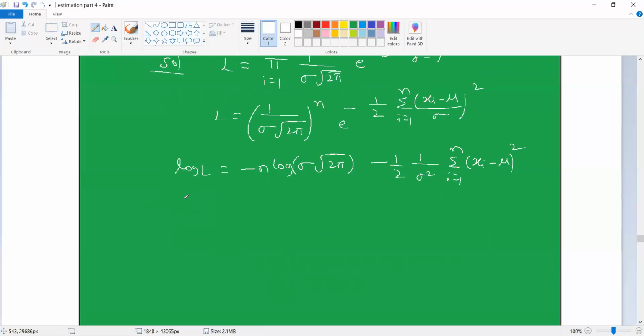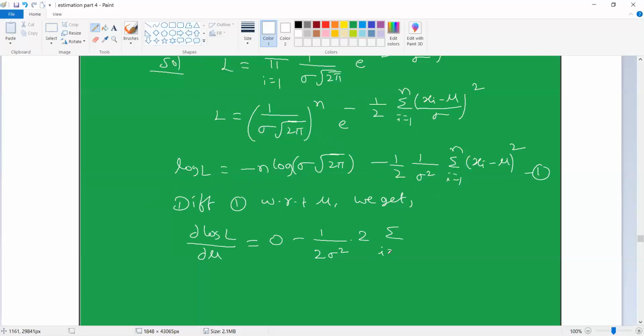Now differentiate with respect to mu. We get dou log L by dou mu is equal to the constant's derivative 0, minus 1 by 2 sigma square, times 2 into summation i = 1 to n (xi minus mu), multiplied by minus 1.